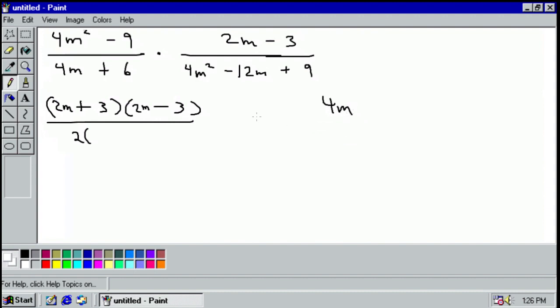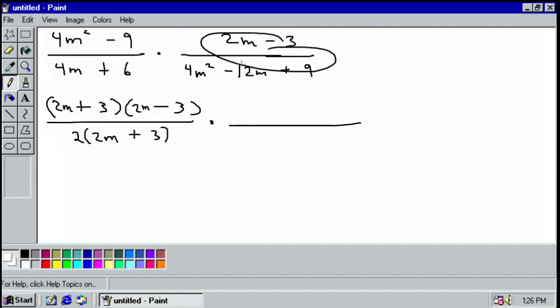Then we have an m left, so that will be 2m. Then 6 divided by 2 will be positive 3. Now for the top part, we can't factor it at all, so we can just copy it.